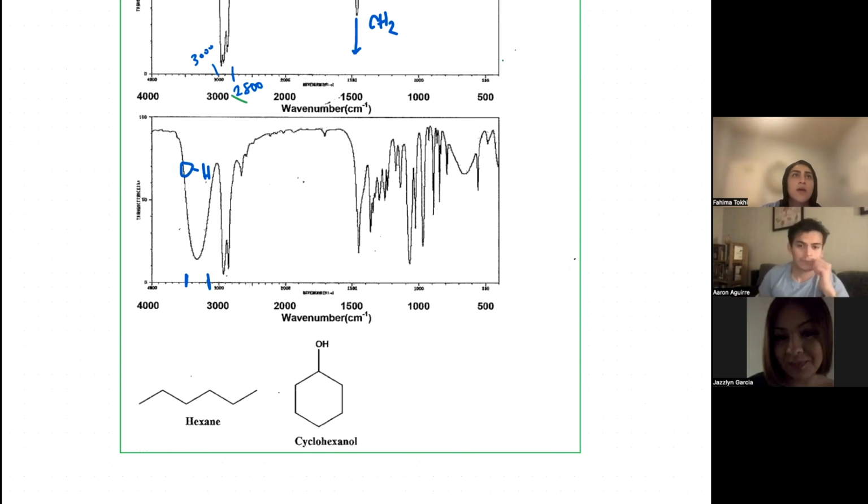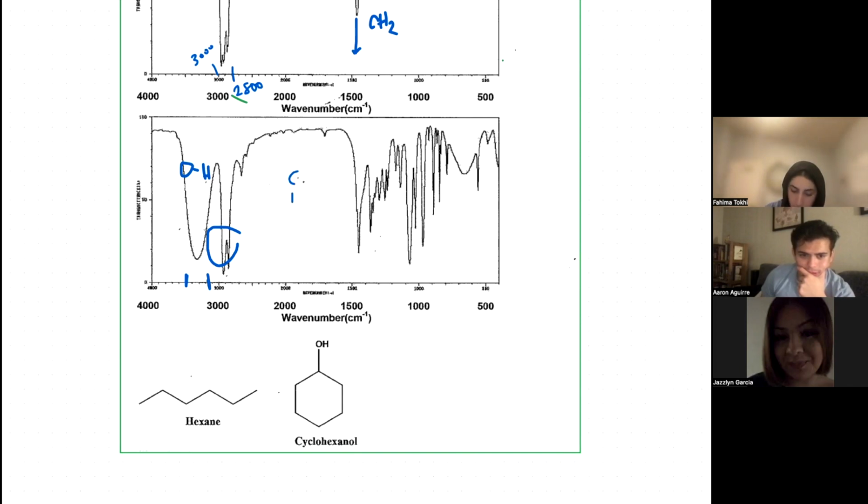And then if you're looking at this one, we're before the 3000 mark. So we could say that it would be before the 3000. That could also be a carbon to H bond. What's the C to O bond?